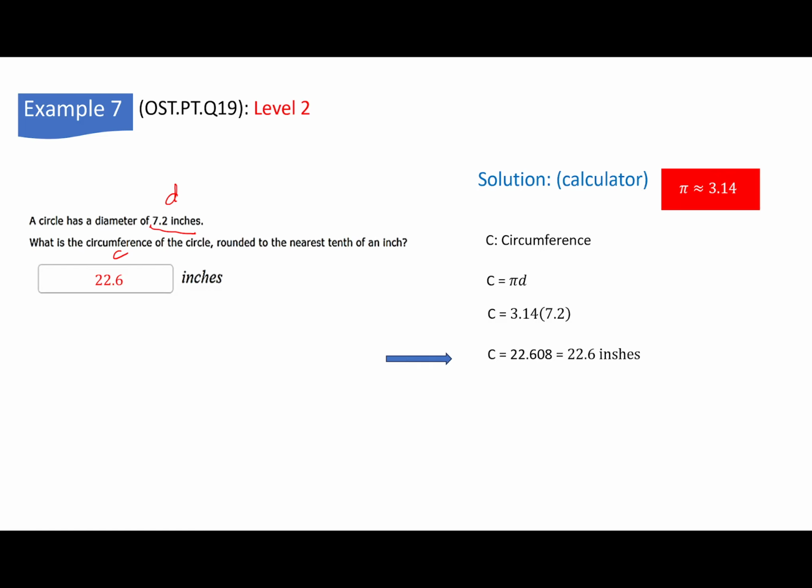Now you need to do some rounding. It's rounding to the nearest tenth of an inch, so I need only 1 decimal number here. So we look at the one after it, it's zero, then it's gone. So 22.6 inches.